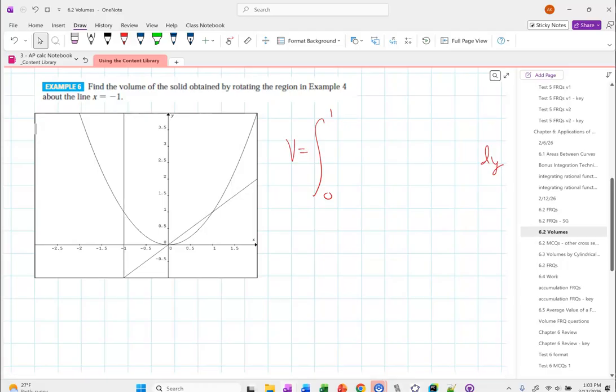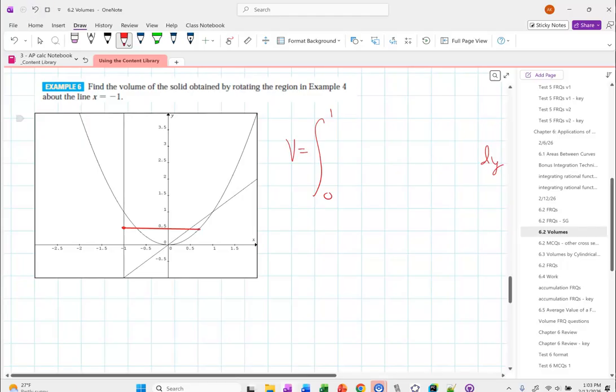So again, I'm going to just draw my picture here. I'm going to draw my arbitrary radius for the outer circle. It's going to start from the axis of rotation and go to the outer function. Everybody's okay?